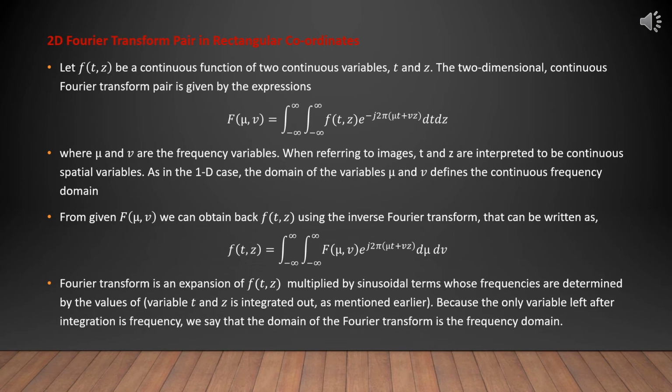When we are referring to images, t and z are interpreted as continuous spatial variables. As in the one-dimensional case, the domain of the variables nu and v defines the continuous frequency domain.